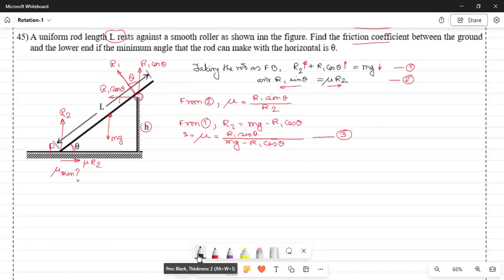Once we have done it, I told you at the beginning, here we have considered the vertical forces, here we have considered the horizontal forces. One more relation is left, that is to balance the counterclockwise and clockwise torques. So now we consider torques.